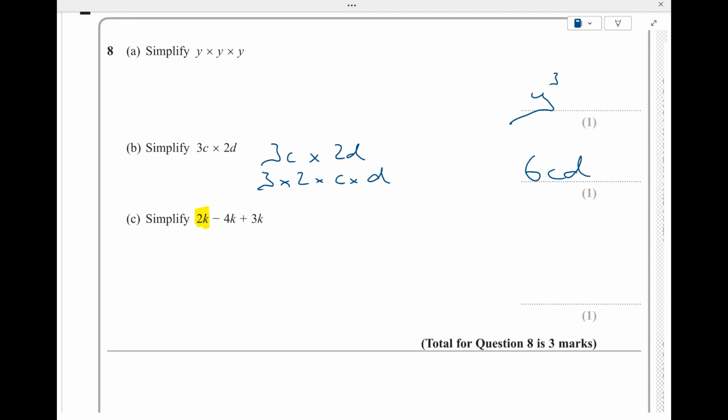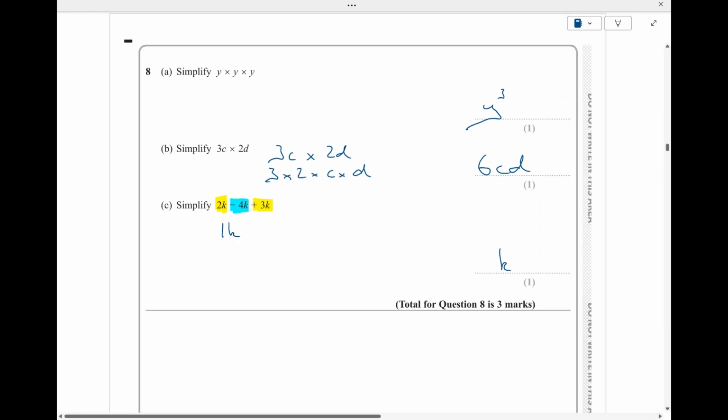How many k's? 2 k's there. Then another minus 4. And then another plus 3. So if you want to, you could go 2 minus 4 plus 3 on your calculator. The answer is 1. 1k. Now, the best way of saying 1k is to say k. But if you put 1k, then that's okay as well.